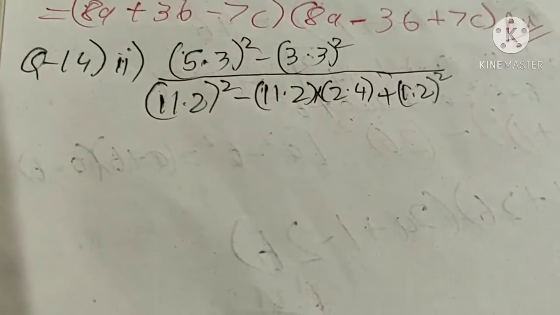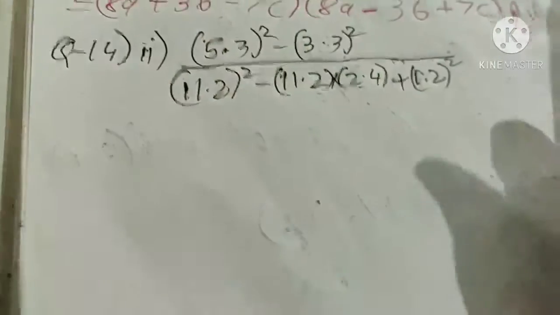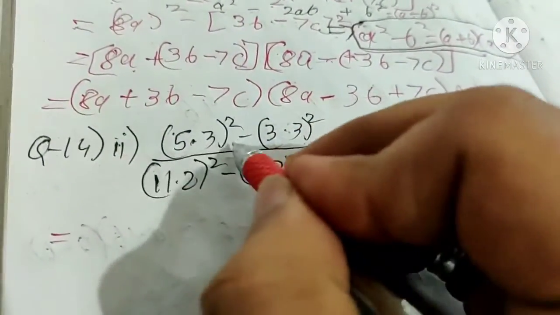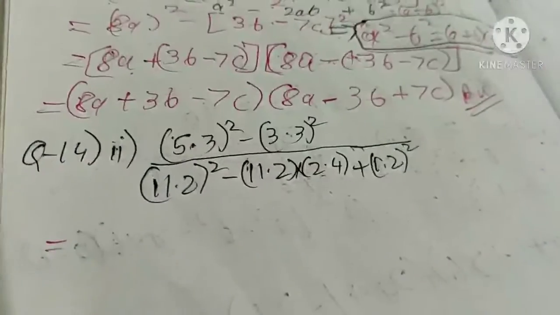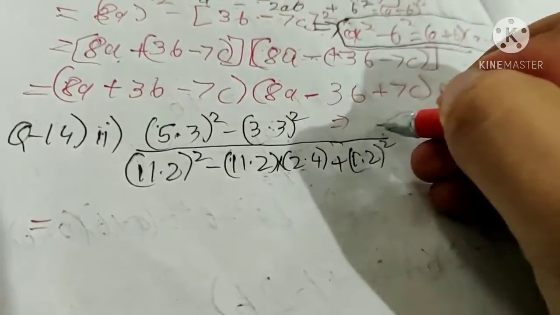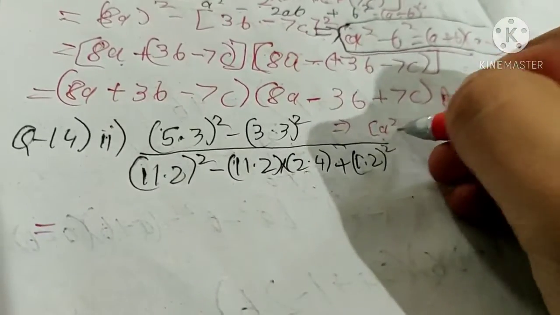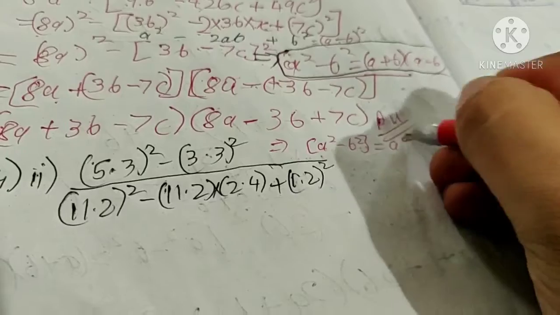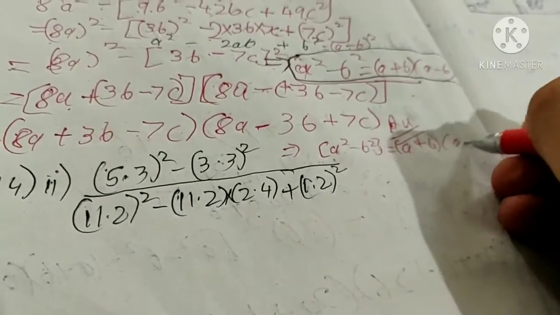So our next question here is this. We have to solve this and get the value from it. If you check here in the numerator, it is written 5.3 to the power 2 minus 3.3 to the power 2. It is like a square minus b square, that will be equal to a plus b into a minus b.